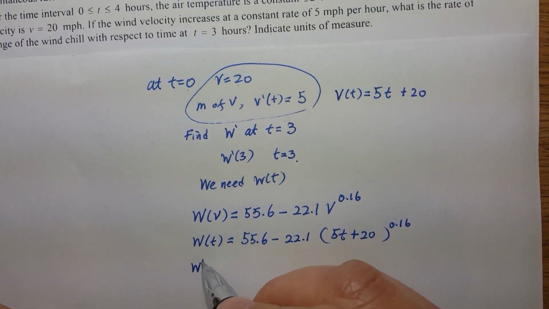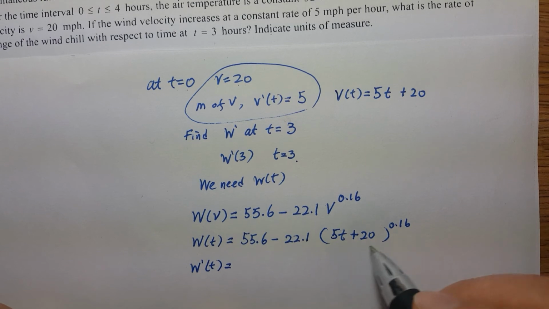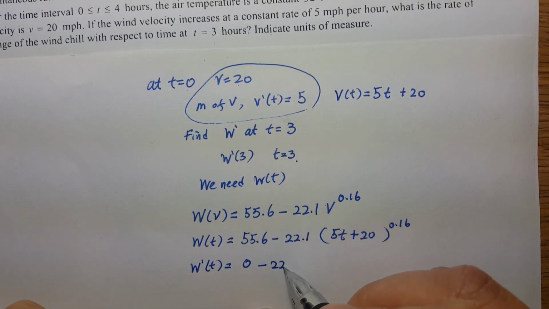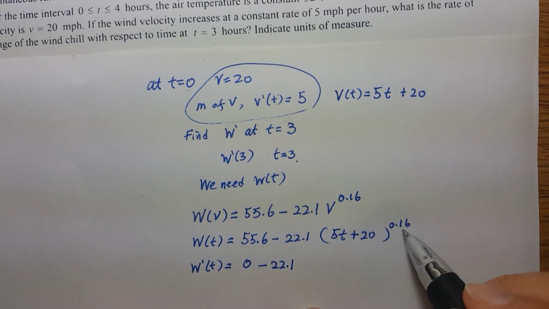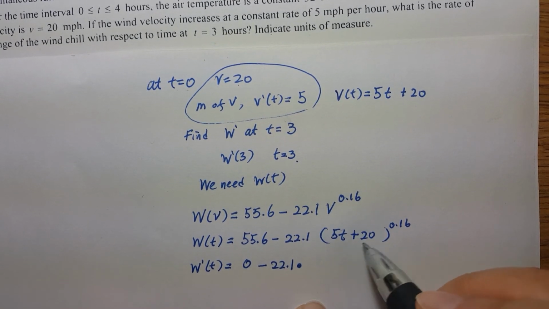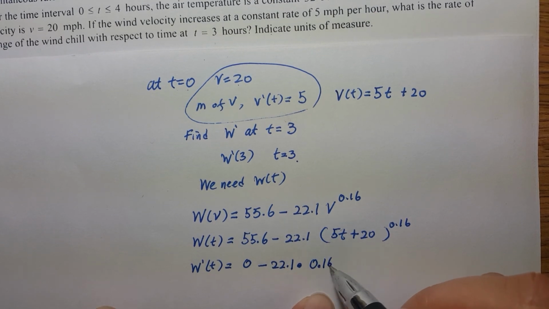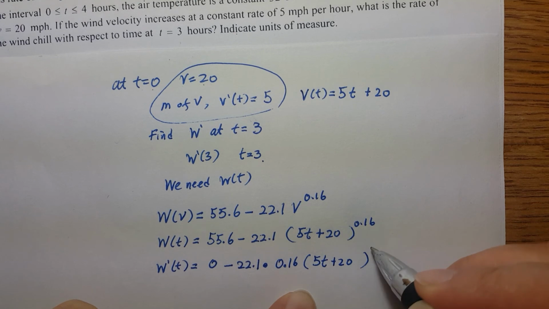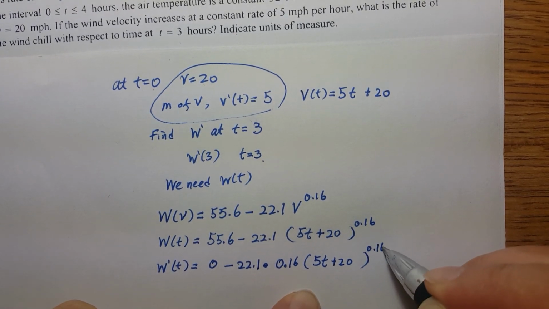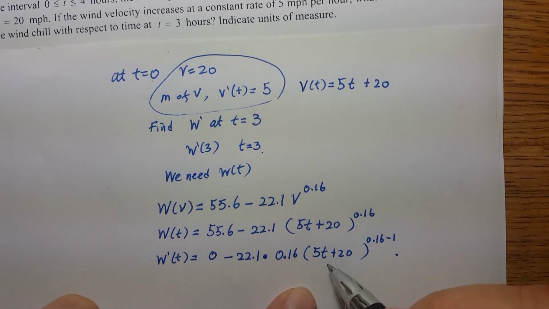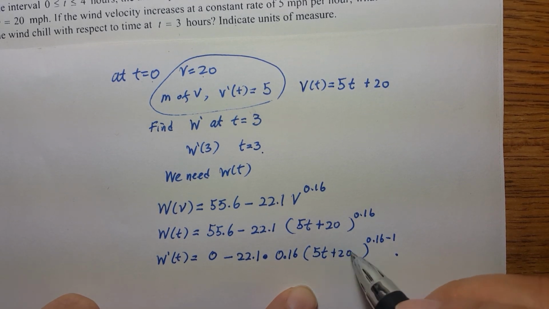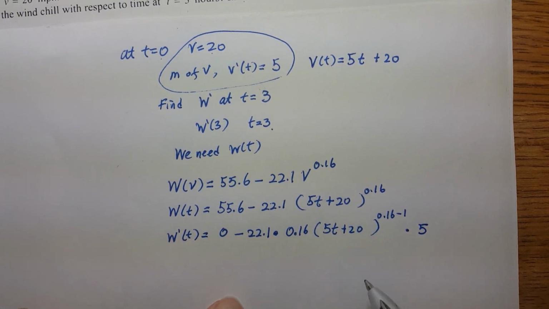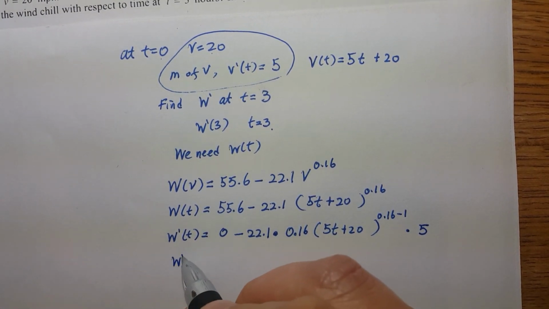So now I'm going to find W prime of T, because now it's a function of time. The derivative of 55.6 is 0, and minus 22.1 stays the same. I have to use the chain rule, okay? The base, the exponent 0.16, and then you get 5T plus 20, with the exponent minus 1. And now I'm going to find the derivative of the inner, which is 5. Now I'm going to simplify a little bit.